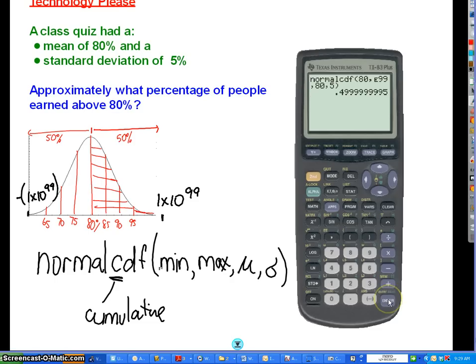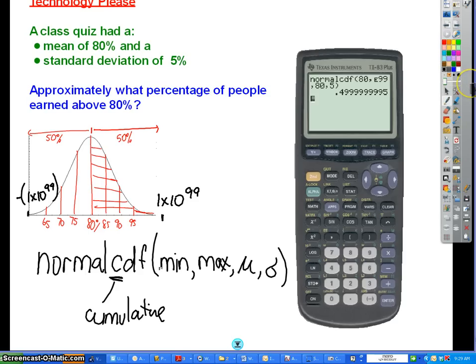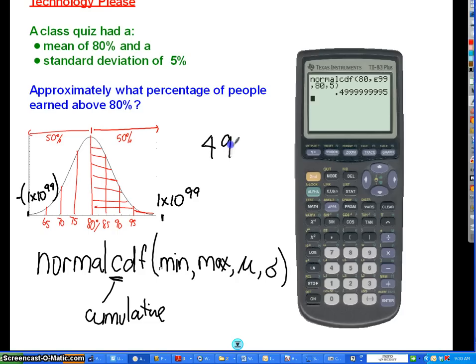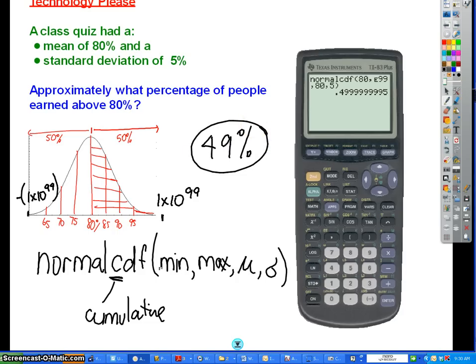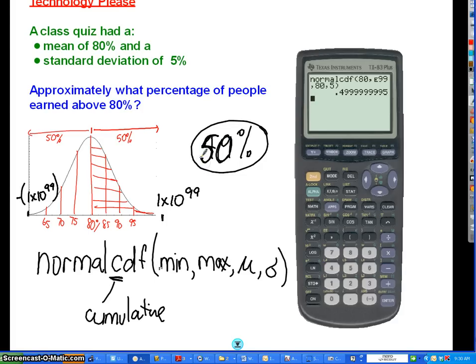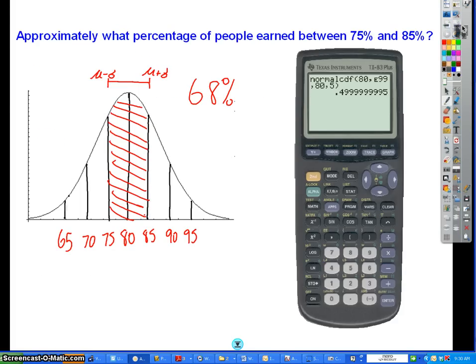Close that. Let's have a look. Oh, look at that, 49.999%. And of course what we got last time was 50%. So with technology we've got 49%. Well, oh hang on, let's round that up. That's 50%.